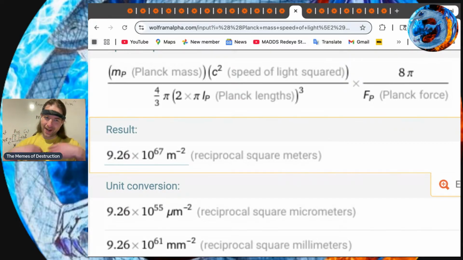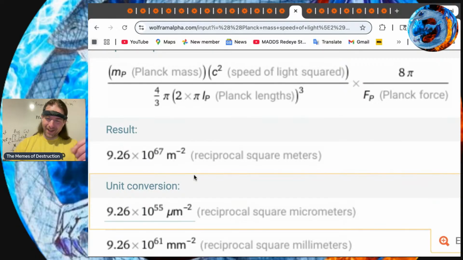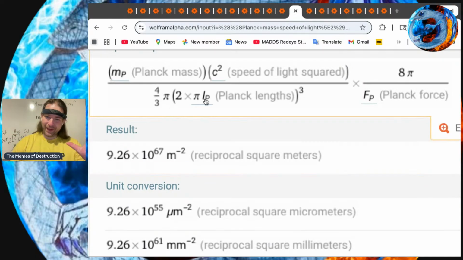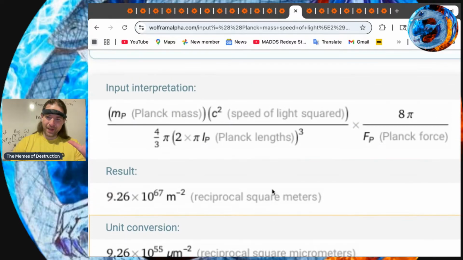You're taking the maximum momentum of that particular thing and dividing in, and it's going to give you inverse meter squared. This number is a lot larger than 1: 9.26 times 10 to the 67. That's freaking ginormous. This is the exact same convention.